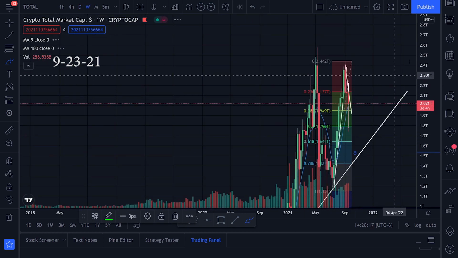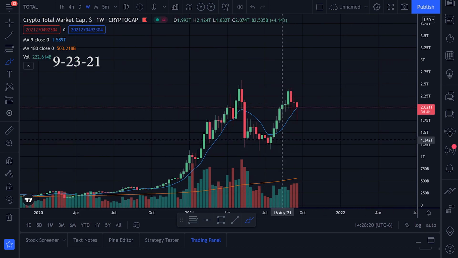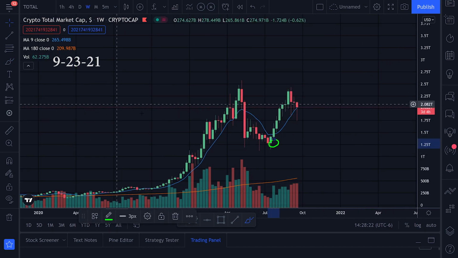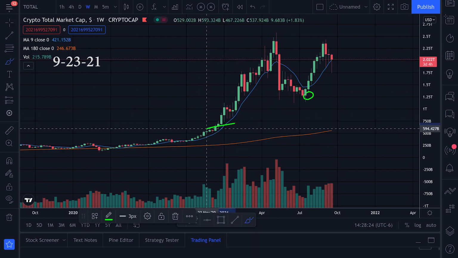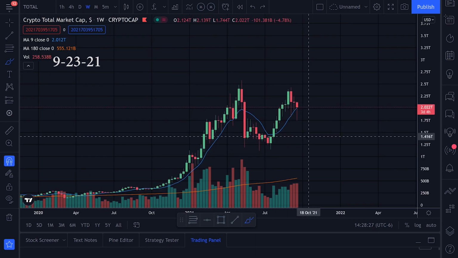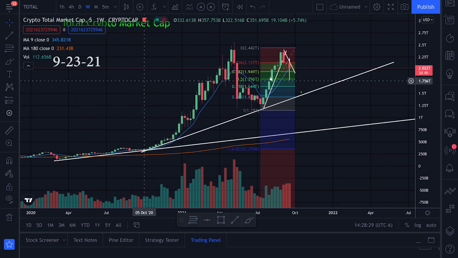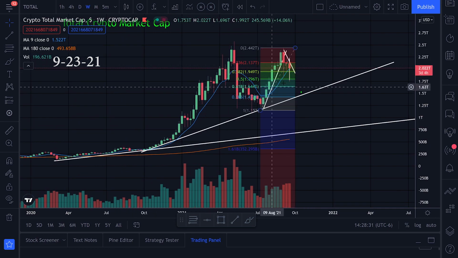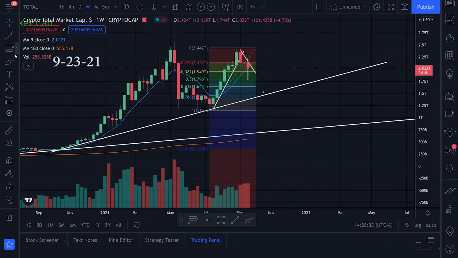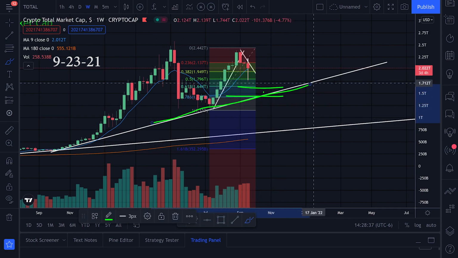If we go back to the weekly time frame, we had support right here and we have support in this area right here. That's where that bottom trend line comes from, something like this. So yeah, I'll be watching these.